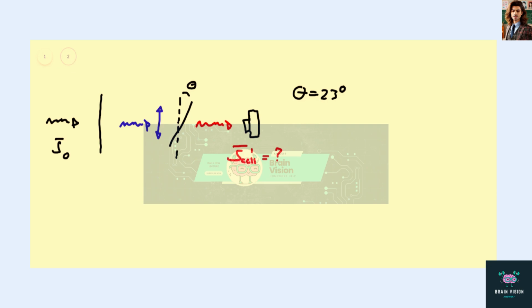So here, again, S bar 0 is equal to 2 times S bar cell from the first scenario, which we're told the value of, divided by cos squared theta times sine squared theta. Now we want to find what this red intensity is.